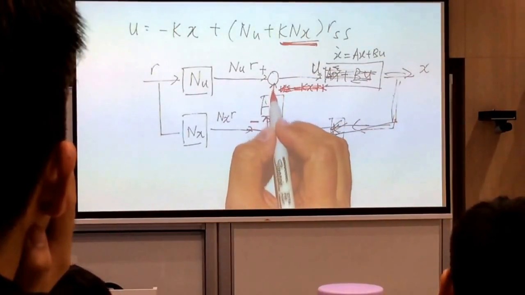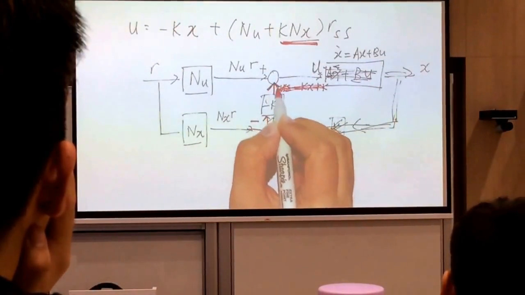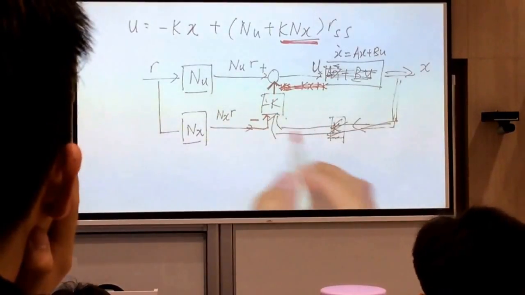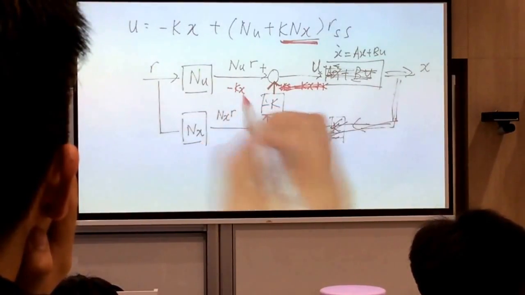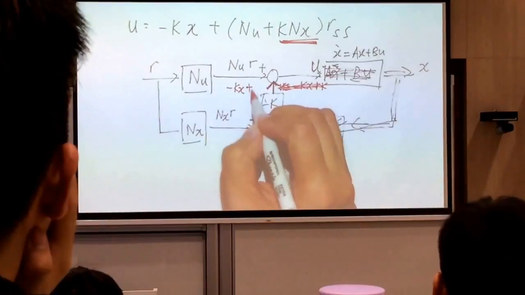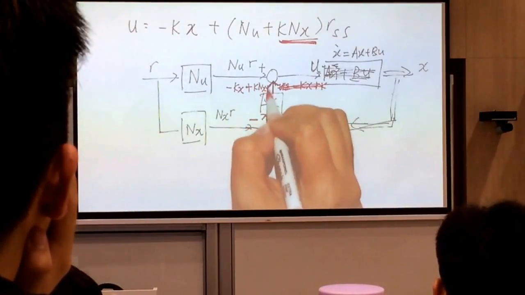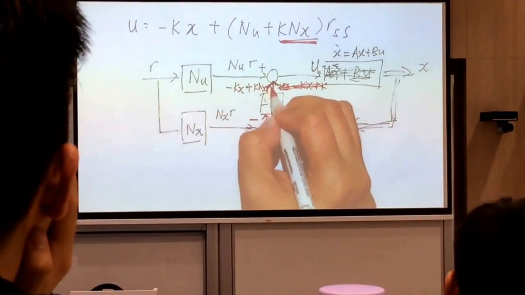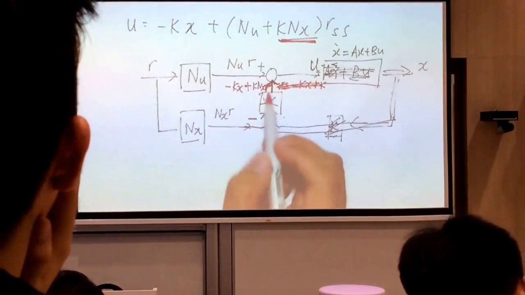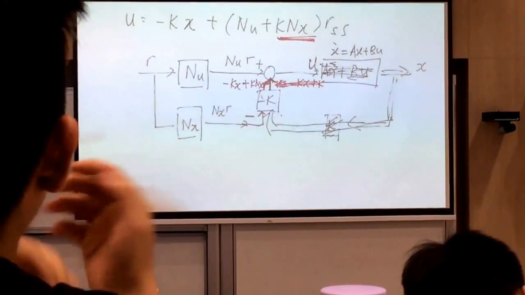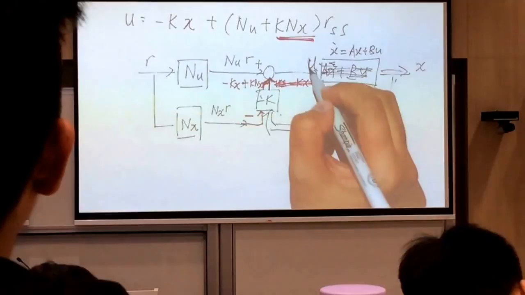So this half here is just minus kx plus K Nx r. Okay? So you take this part plus this part, and so you end up with u.